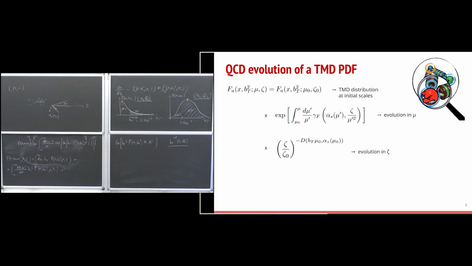What you need to do is to find an equation by starting from this one, an equation that involves gamma F and D. It will include the F at the initial scale, gamma F and D. And it's just a matter of multiplying bT squared by this and taking the log. What is the log of a times b times c times d, or the log of a times b? It's the sum of the logs. So something similar will happen here.